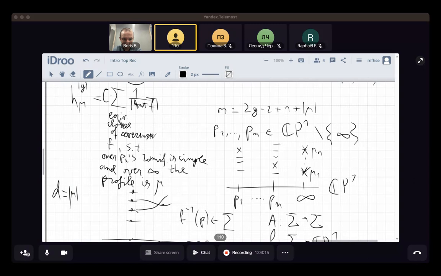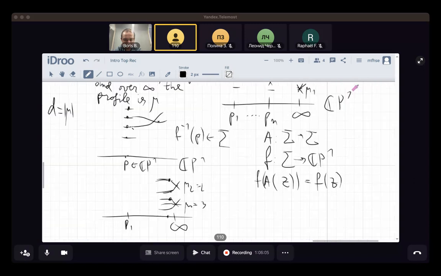Okay. So now let's see how this corresponds to our combinatorial problem, which we had before. At this point it's more or less clear who the automorphisms are and how to count their number, right?